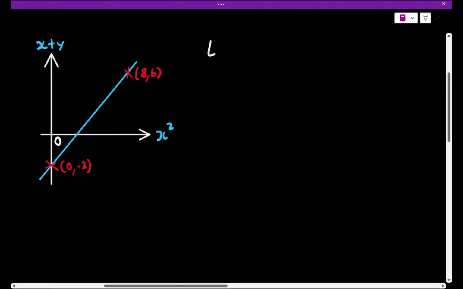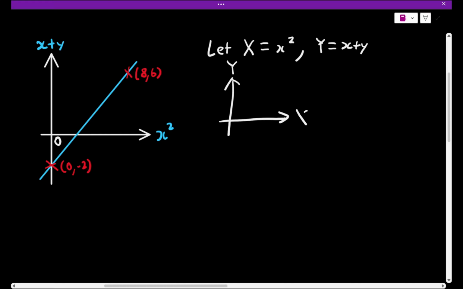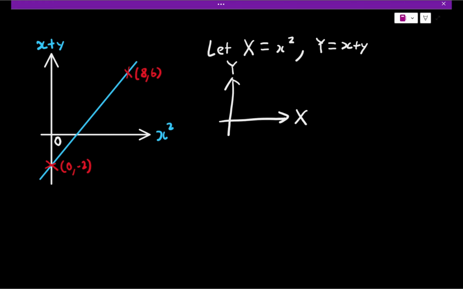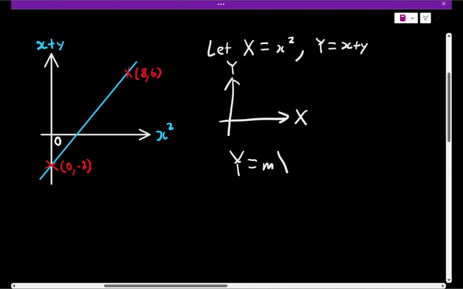So let's let capital X be equal to x squared and capital Y be equal to x plus y. Now the graph would be capital Y against capital X, so we can treat these as our new variables, allowing us to write capital Y equals m times capital X plus c.